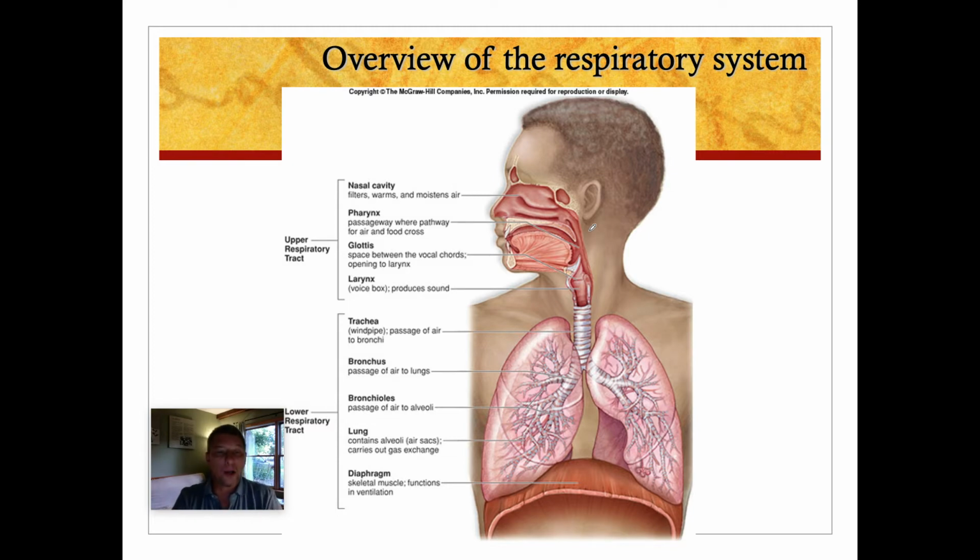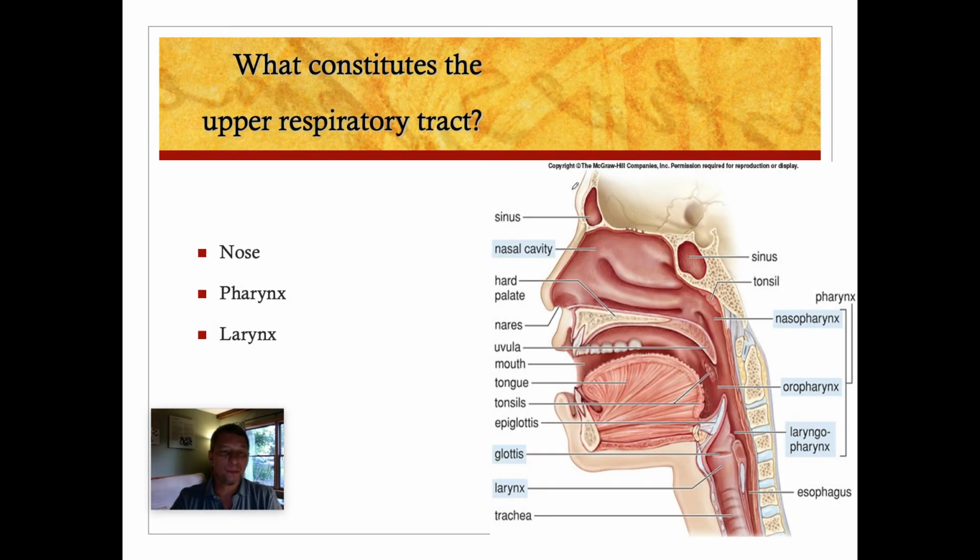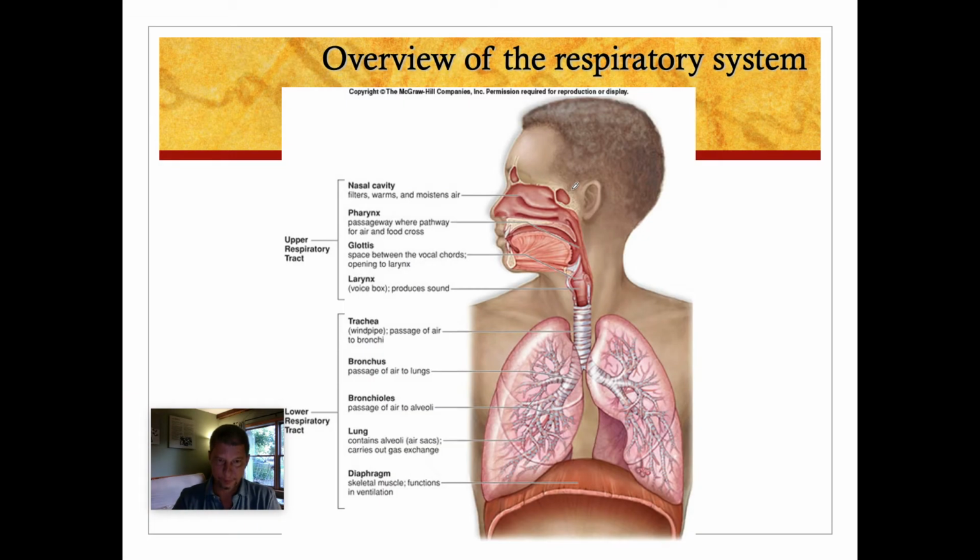Now, the upper respiratory tract is the area up here on the top, and it's composed of the nasal cavity, the pharynx, the glottis, and the larynx. And we'll get into each of their functions in just a moment or so.